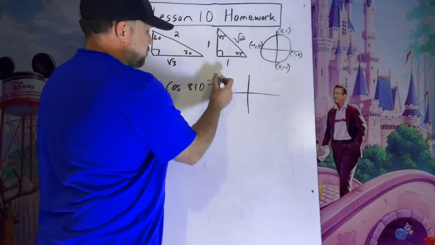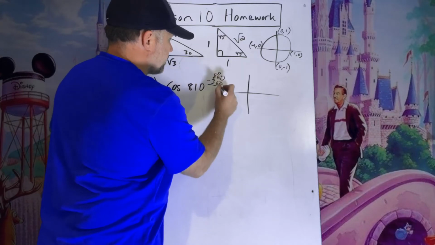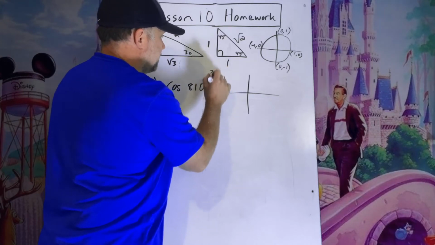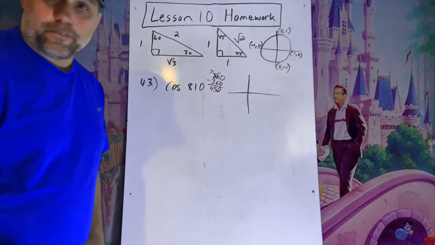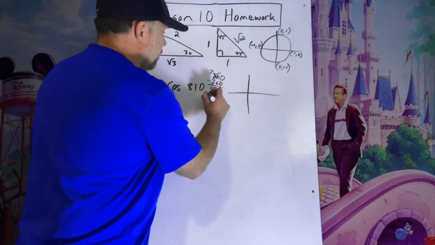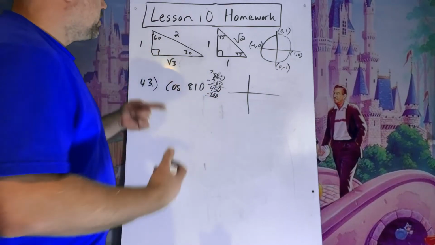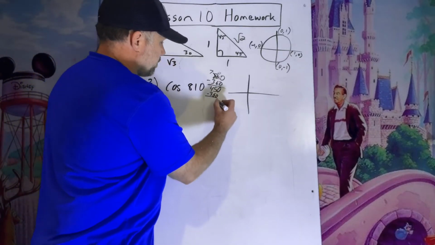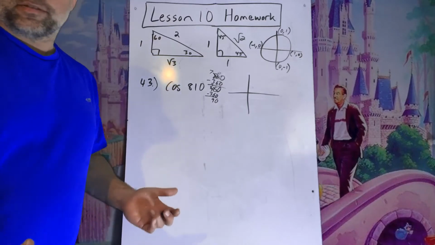When I do the subtraction here, I get 450, which is still bigger than 360. So if I want to subtract another 360, I could knock this thing down even farther. So let me do that. If I subtract another 360, that's going to put me at 90 degrees.